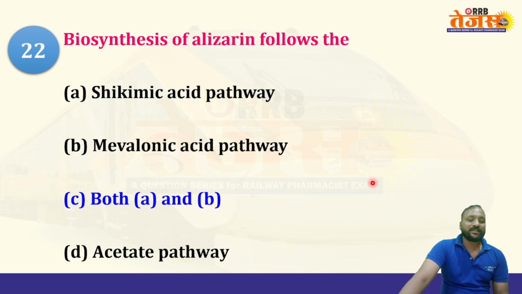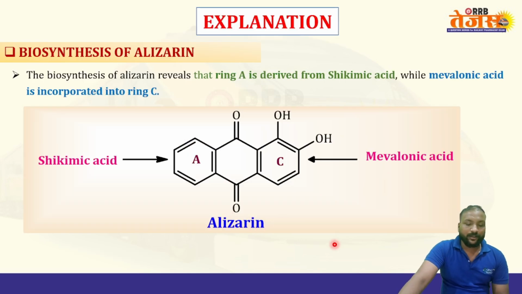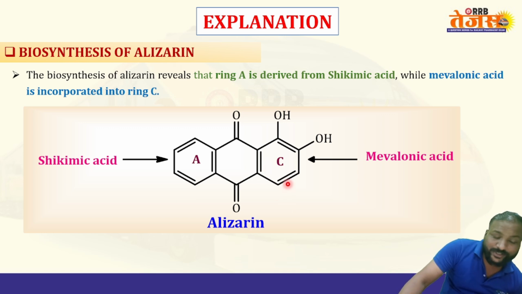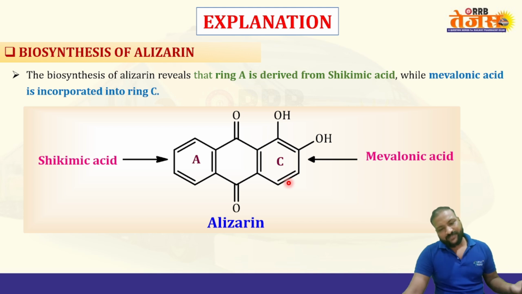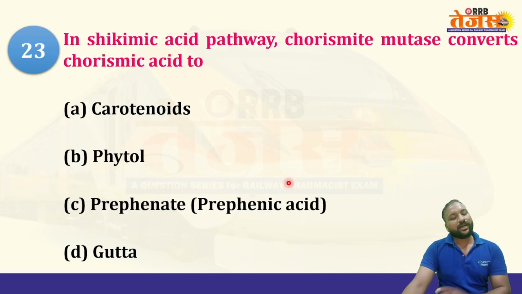Option C is correct, both A and B. Biosynthesis reveals that ring A is derived from the shikimic acid pathway, while mevalonic acid is incorporated into ring C. So ring C is synthesized from mevalonic acid and ring A from the shikimic acid pathway. So it can be synthesized by both pathways.